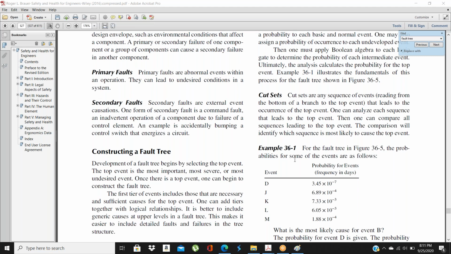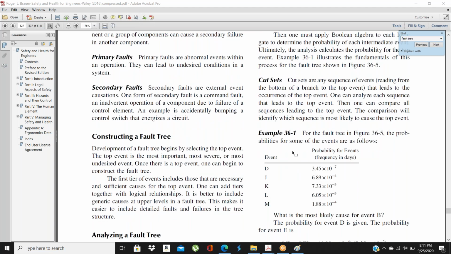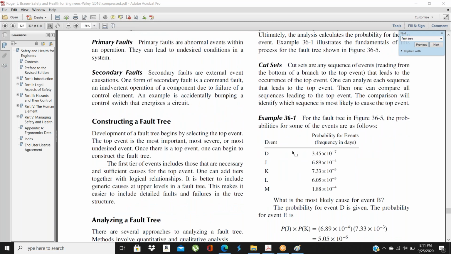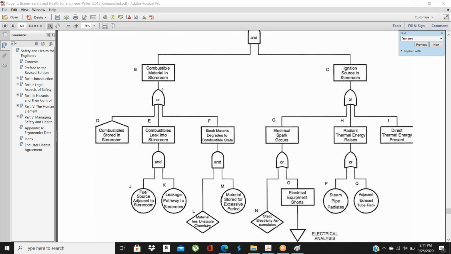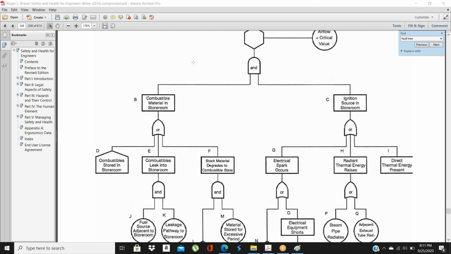Here I will just explain to you; maybe it will be very easy. Let's suppose we have this system, this branch only, up to B. This is an OR gate, this is an AND gate, and this is an AND gate.